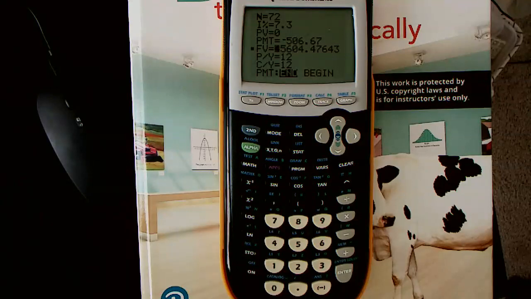45 grand, $45,604.48. Okay, let me copy the result here.